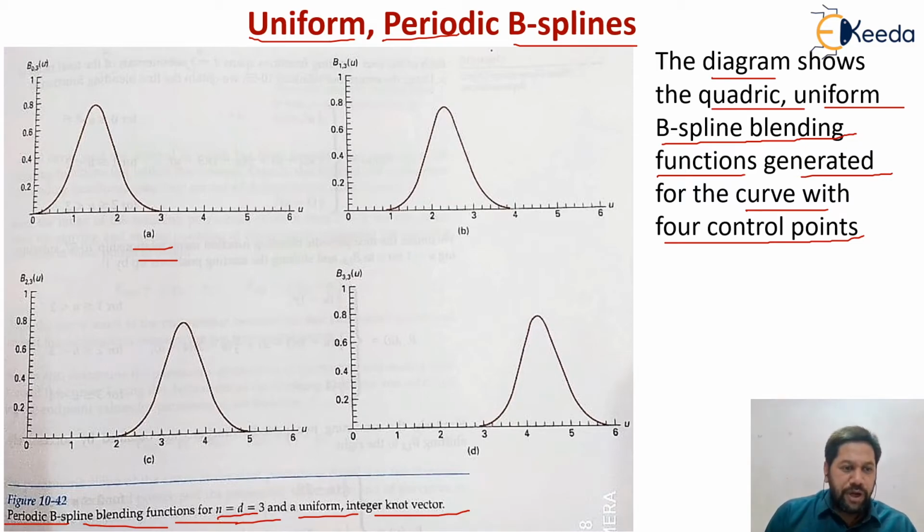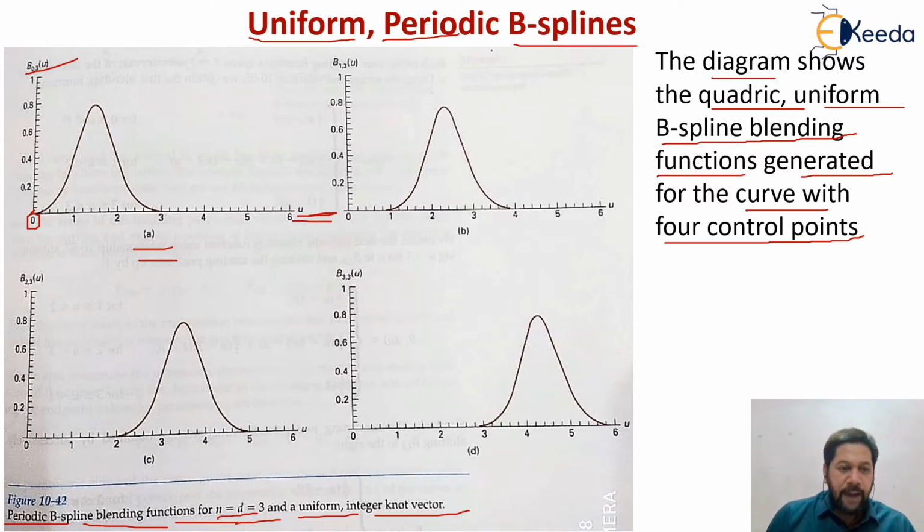But now you have to look here, this is the axis. On this axis this is my u, and here I have the blending function B. Here I have the value 0 comma 3. What does this indicate? It indicates that my starting value for the blending function is 0.